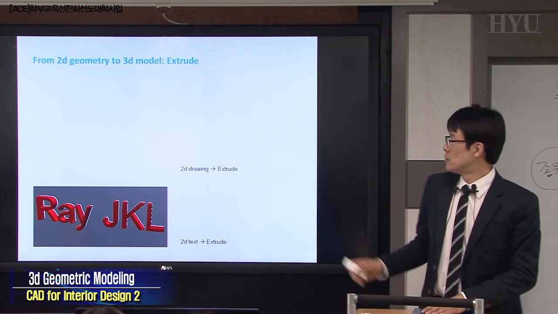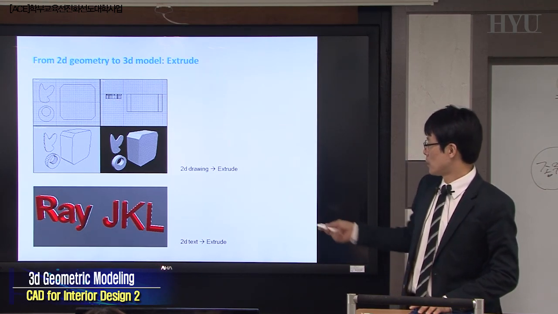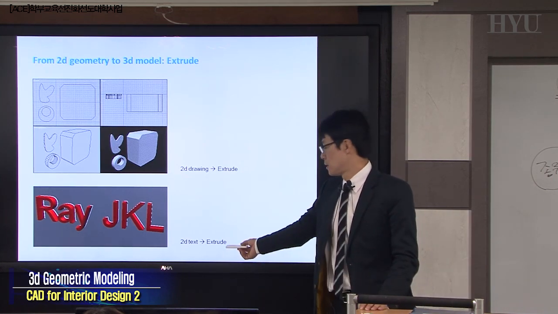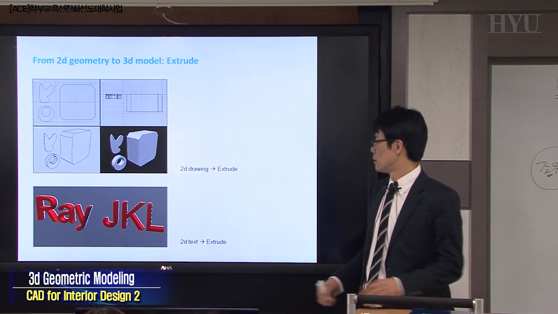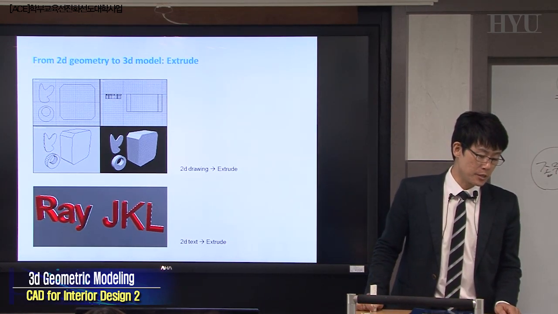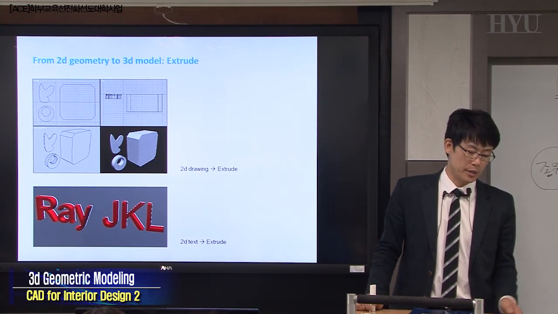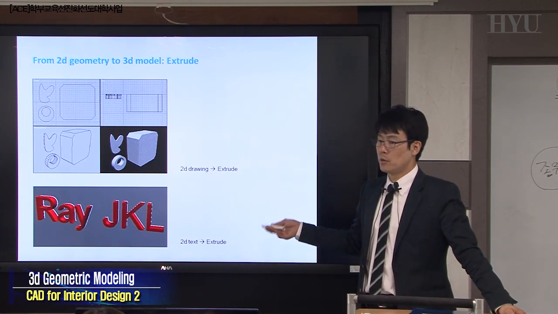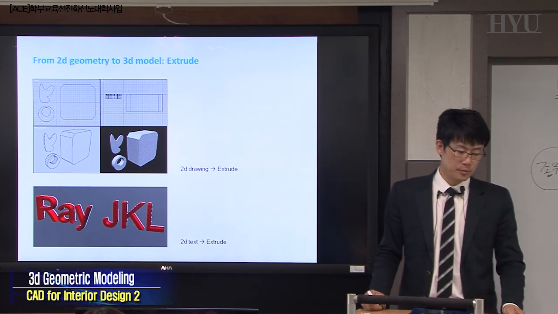Let's take a look at the 3D Max interface again, one by one. 2D text is very easy: you can make it using 3D Max or even SketchUp, and simply extrude it so that you can create 3D text like this. 2D drawing: we're going to draw some 2D objects today for making extrusions.